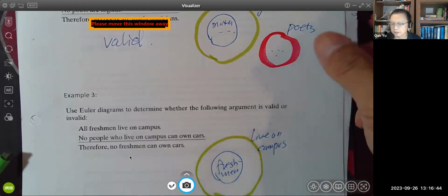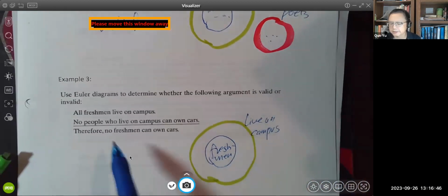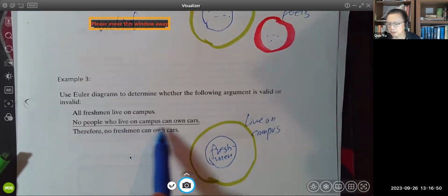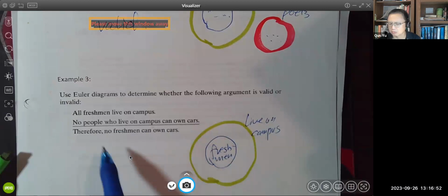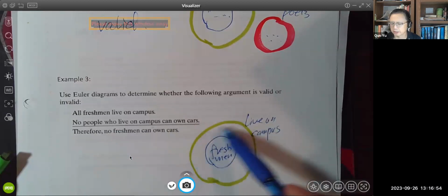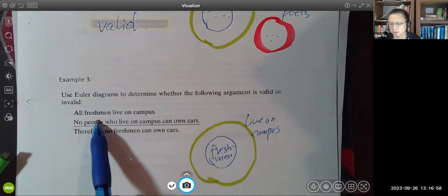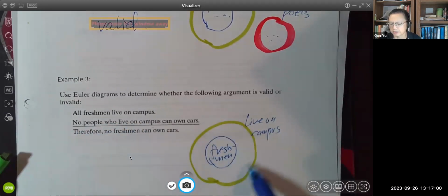Now look at the second premise. No people who live on campus can own cars. So live on campus, we have this circle already. This is the no A are B model, where A is people who live on campus, which is the green one.